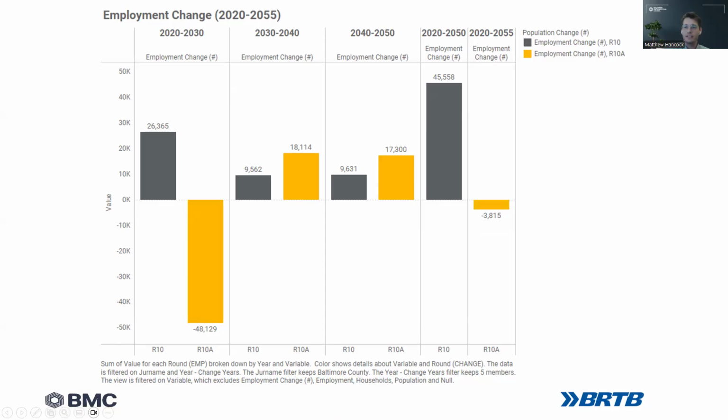I do just want to point out that, while in cumulative terms this is going to show a reduction in overall jobs compared to the base year that we are using, in growth terms, we are still growing in employment, and it's actually growing at a rate higher than round 10.